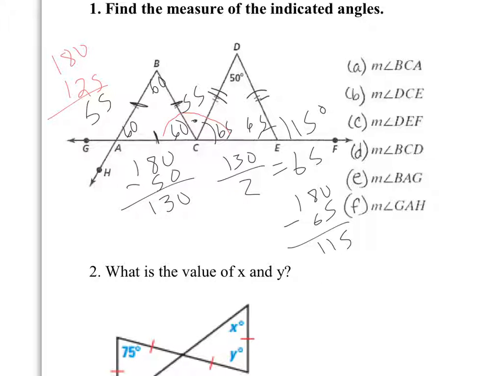Then that pretty much just leaves you down here in the corner. You should be able to see that these are vertical angles here at A. Let me get some of this work out of the way here for a second. And so because of the vertical angles, this is congruent to this, and these two will be congruent here.